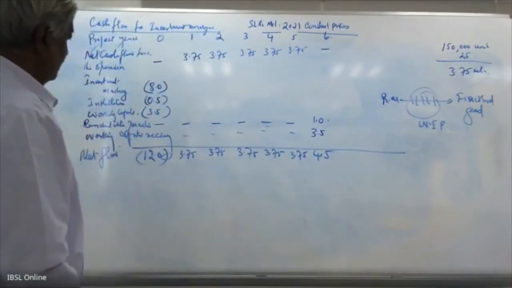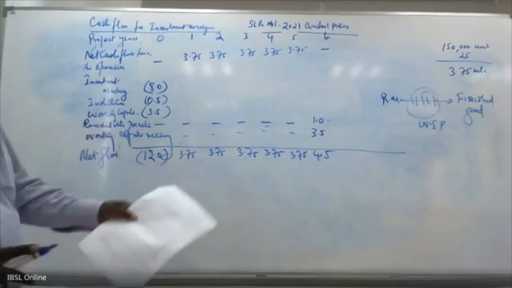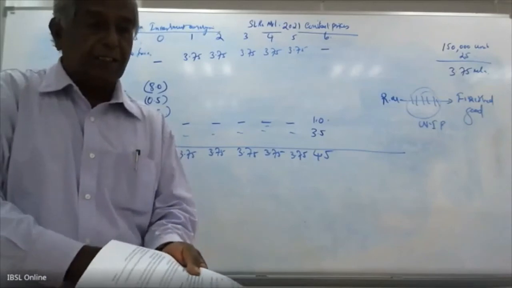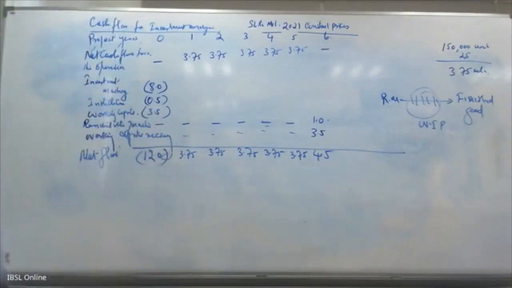This is the cash flow for the discounting.